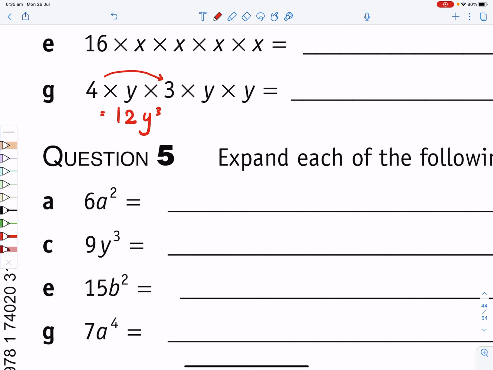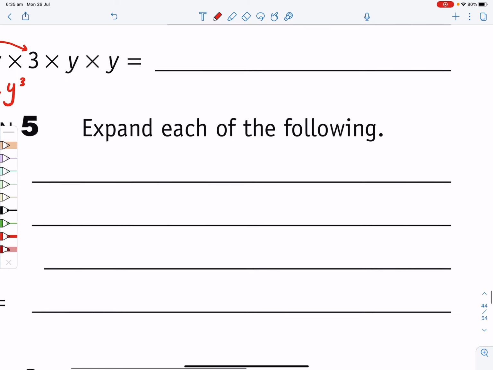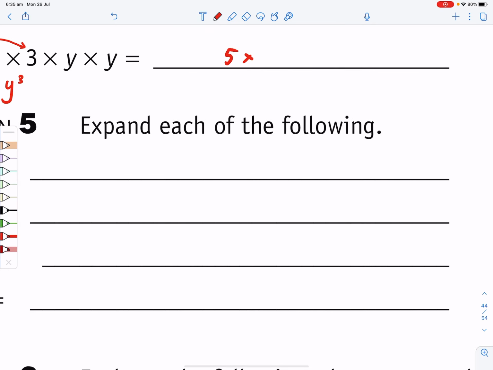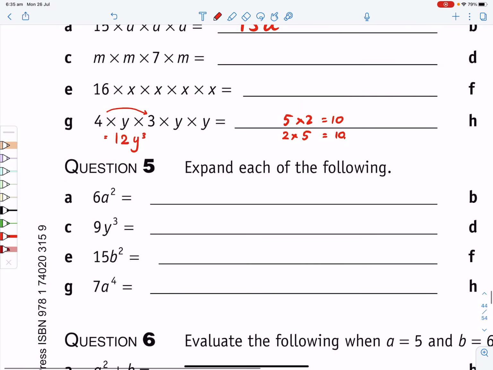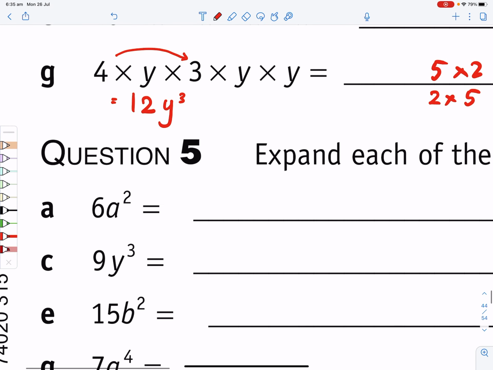Remember, when things are being multiplied, the order doesn't matter. For example, I could say to you 5 times 2, your answer would be 10. And I can say to you 2 times 5, your answer will also be 10. So if you get a question like G, really if I want to, I'm allowed to rewrite the question as 4 times 3, so bring that 3 over here, then multiply all the y's together.